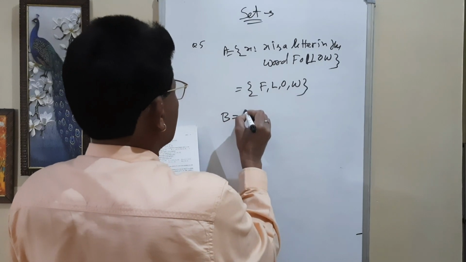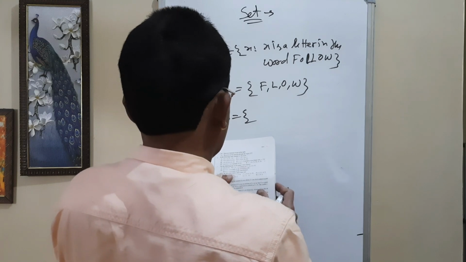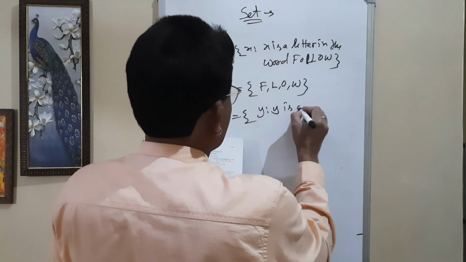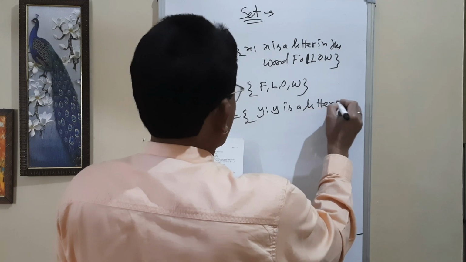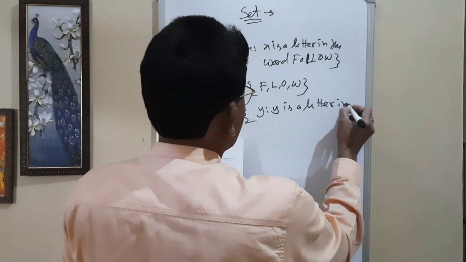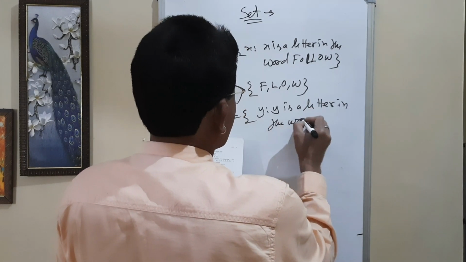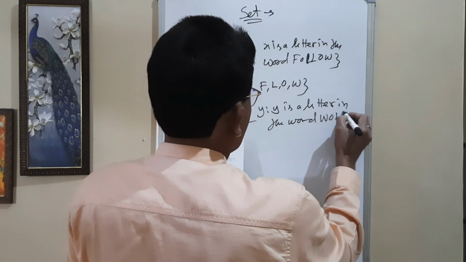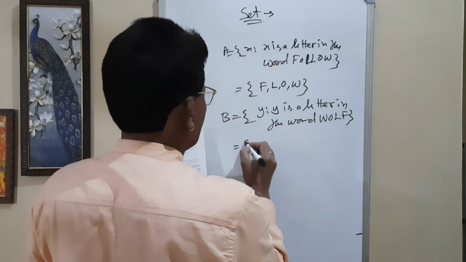Now set B. In set B, you see y. y is a letter in the word. What word? Wolf. Tell me what the letters will be.